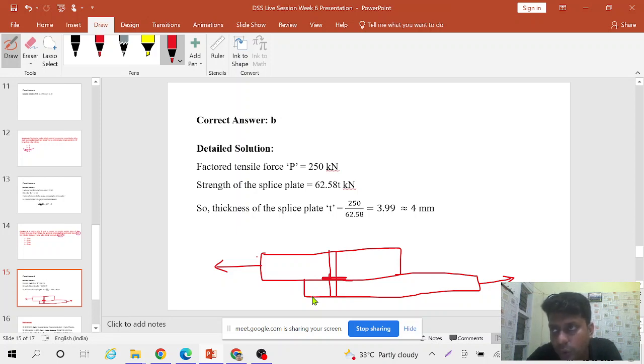If bolts are not in double shear, then in general the value of shear for single shear will be less than the bearing value. That is why they might have taken it, but I have to look at it once. I will discuss it with my friends, another TA and my friends.